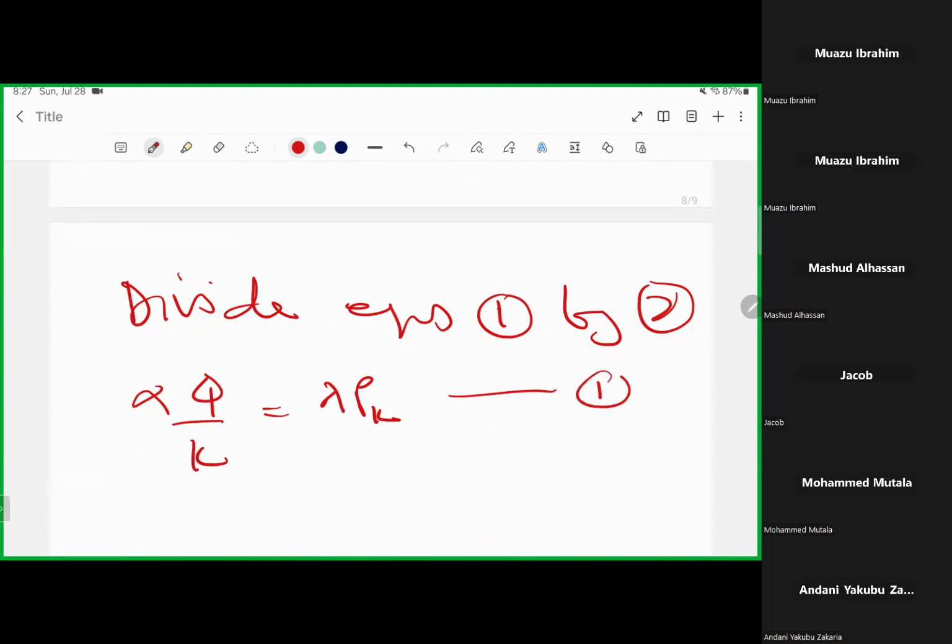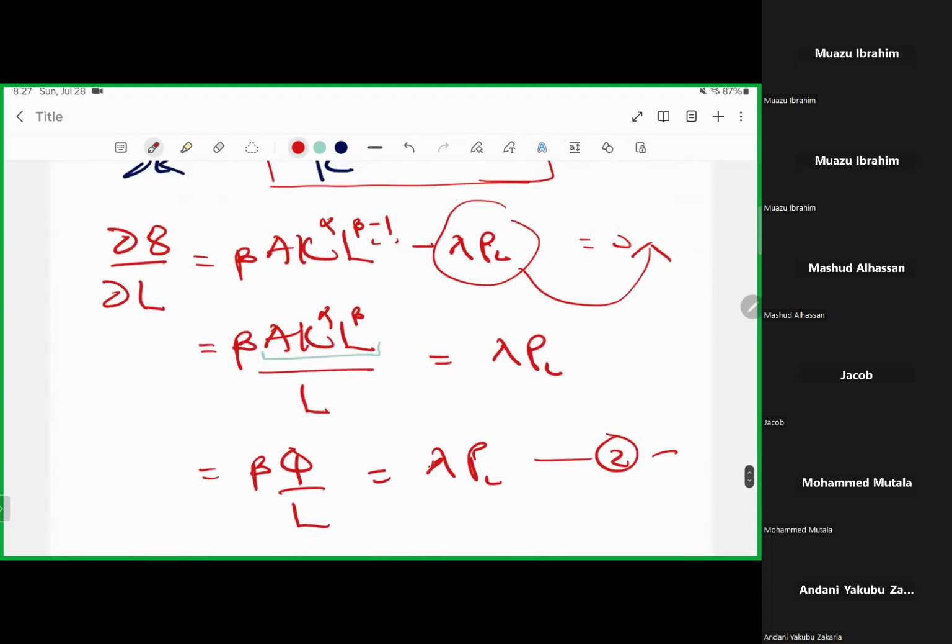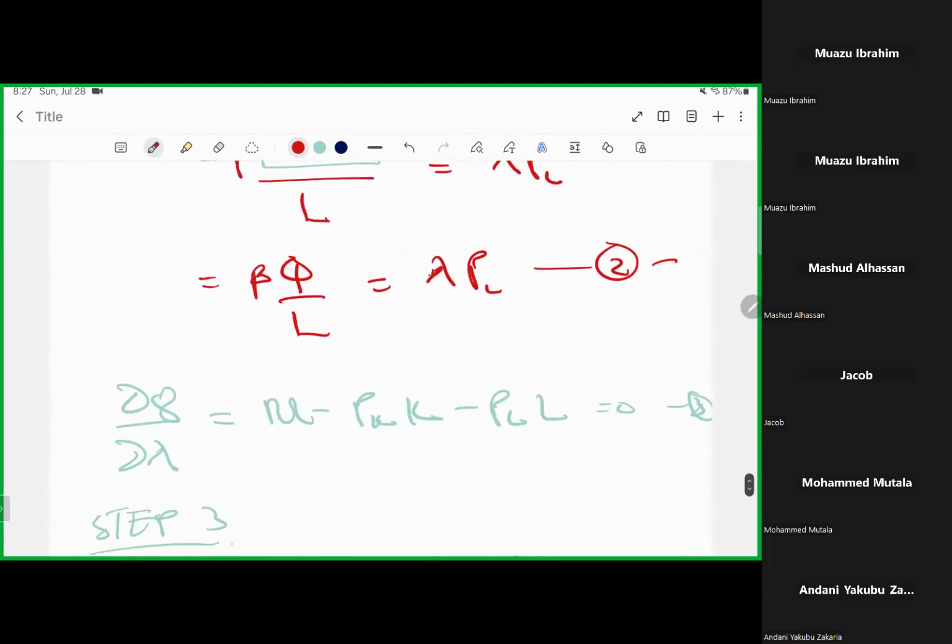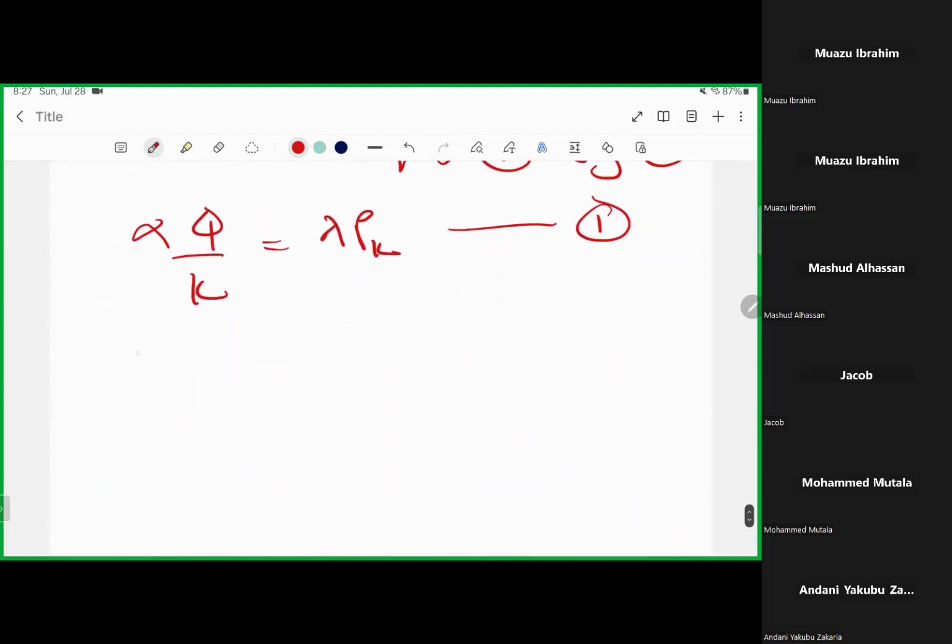And equation 2 is beta Q all over L, which is equal to lambda PL. This is equation 2. So let's divide equation 1 by equation 2.